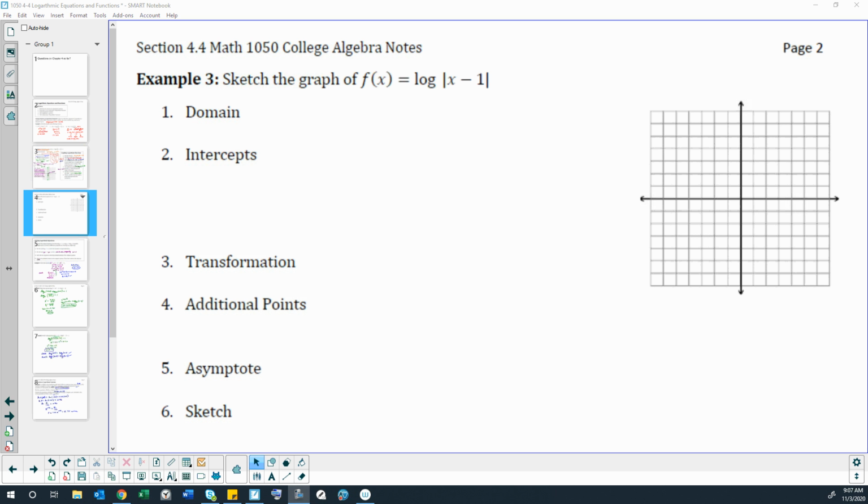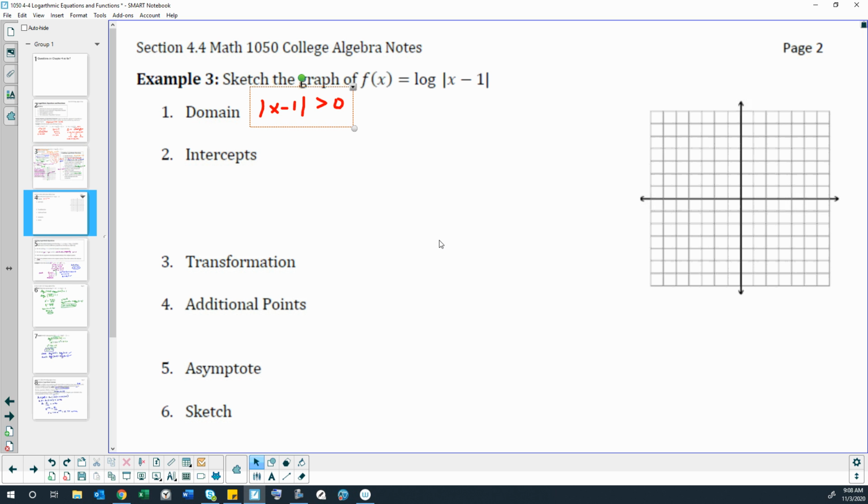Alright, let's go ahead and start with finding domain. So again, our argument has to be greater than 0. So let's take our absolute value of x minus 1 and set that greater than 0. Well, the cool thing is the absolute value is always a positive number or 0, so that is always going to be a positive number unless it equals 0.